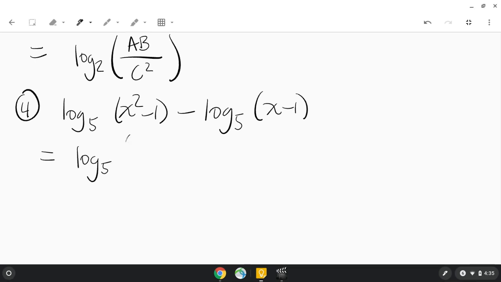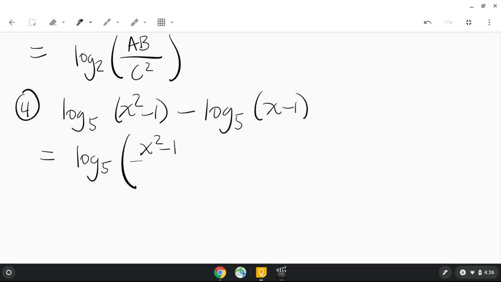Let's figure out who's going to go in the numerator and who's going to go in the denominator. That first one is a positive log, so that goes in the numerator. The next one is a negative log, so that goes in the denominator.